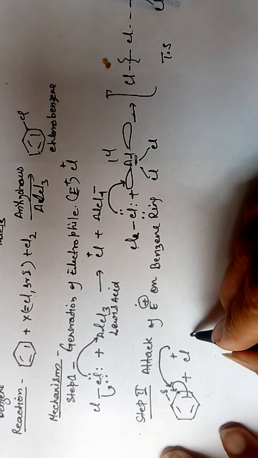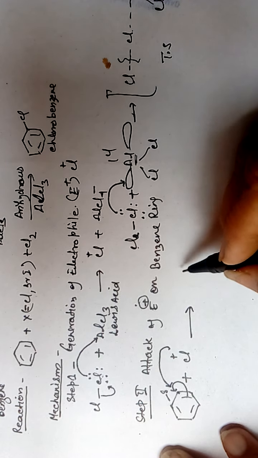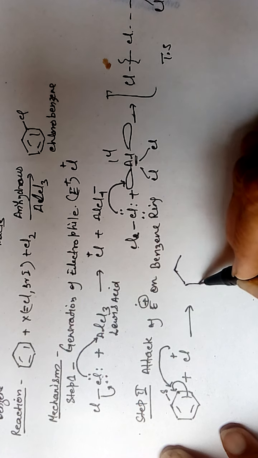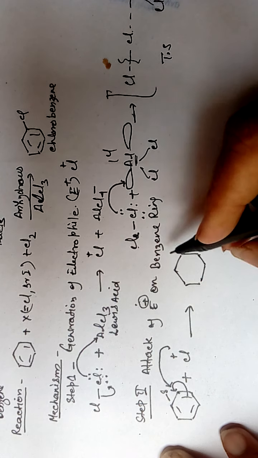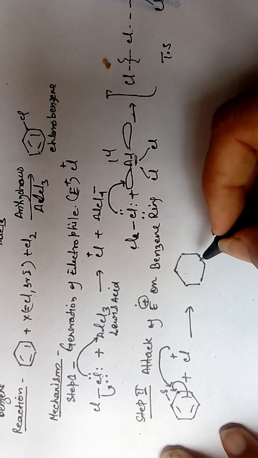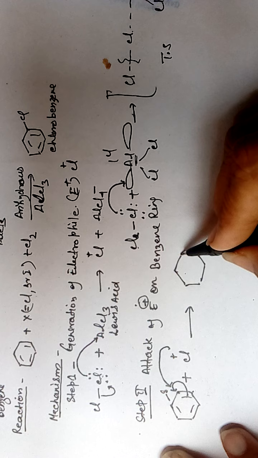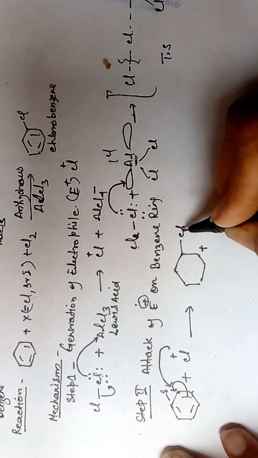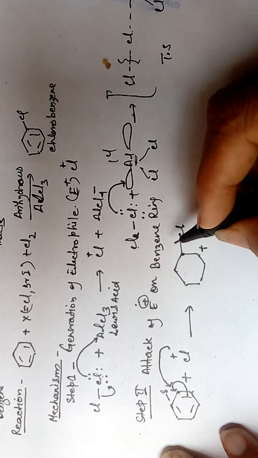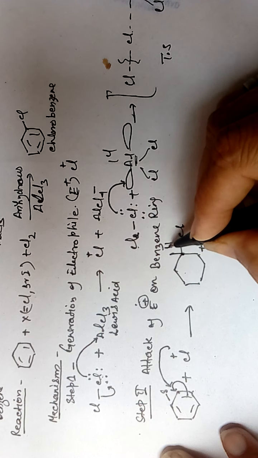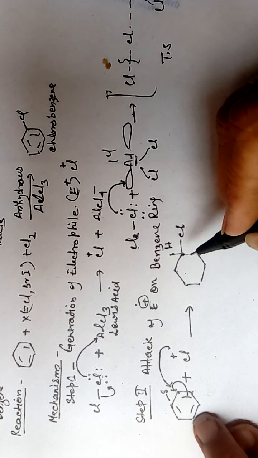Now we see what happened. This bond shifts from here, it gets a positive charge and the electrophile is attached at this position, and a hydrogen is also present here.